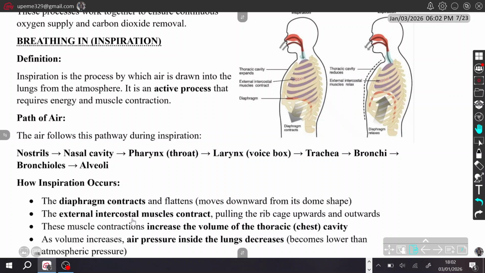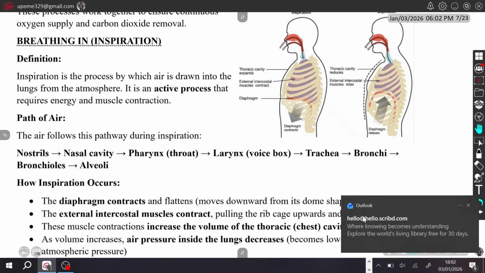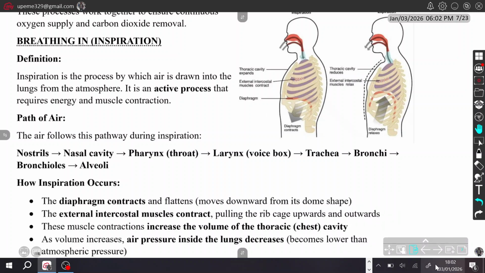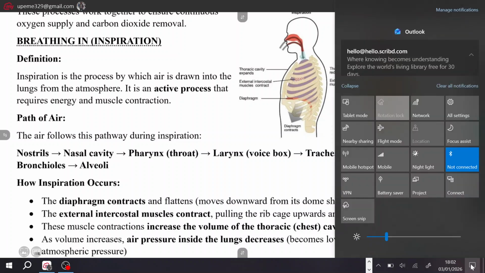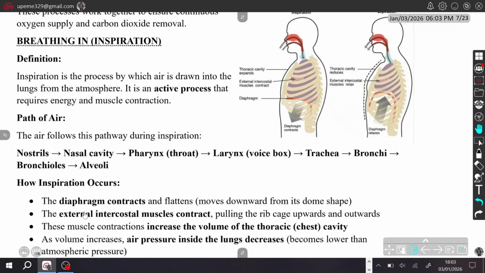Next, the external intercostal muscles contract. Those external intercostal muscles we talked about, they contract, pulling the rib cage upwards and outward.